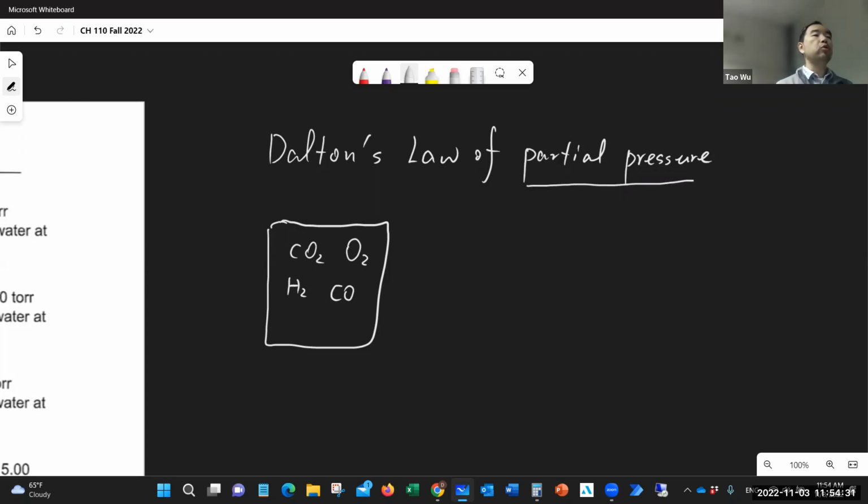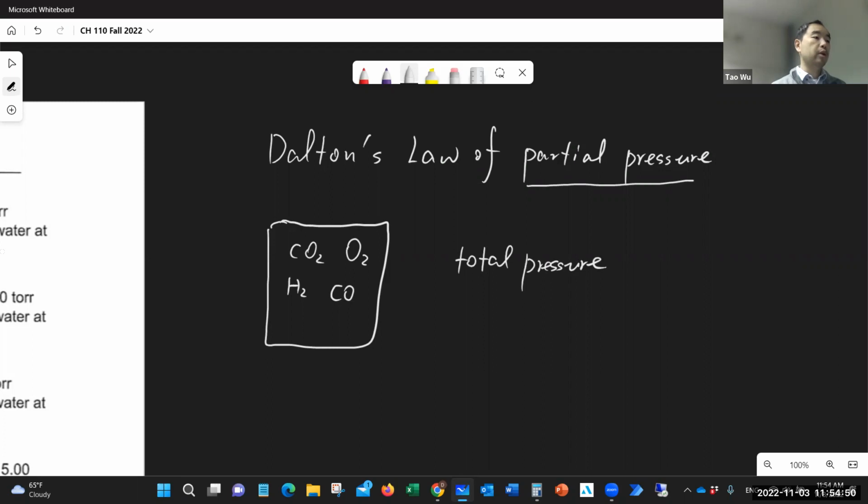The meaning of the partial pressure is compared to the total pressure of the mixture of the gases, right? So if you have the total pressure for this container, it's just talking about the pressure of the mixture gas, okay?